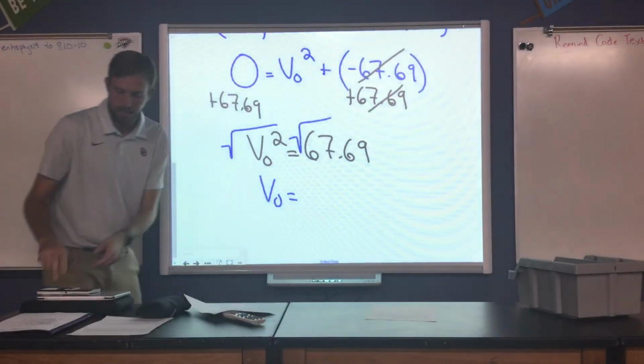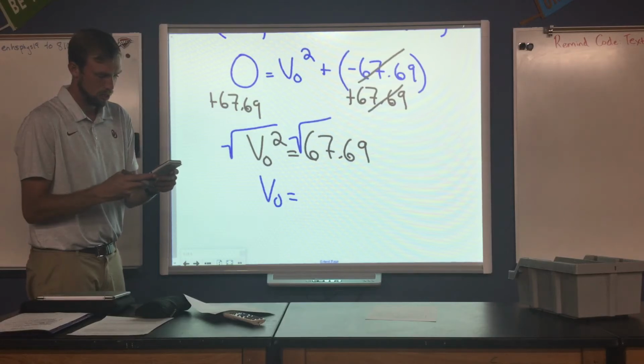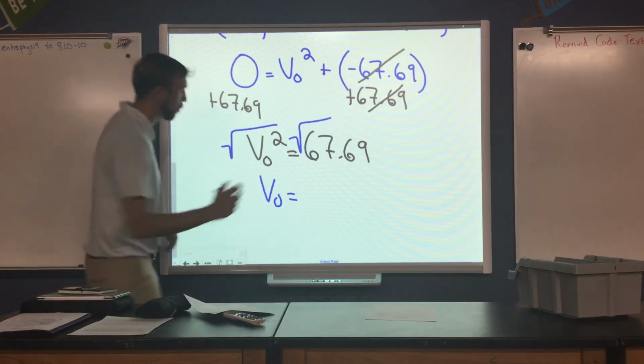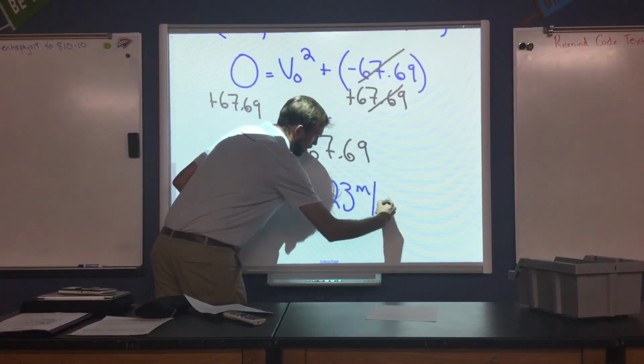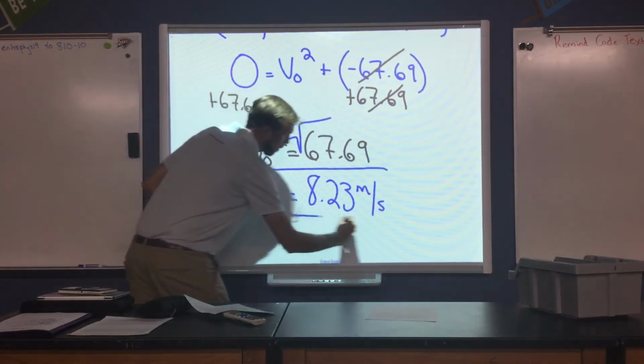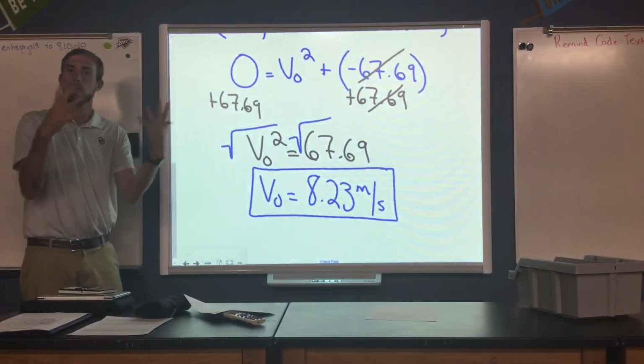So v0, when we take our square root, should be a little bit over 8, about 8.23 meters per second. And that is how we would set up and solve our initial velocity for launching the marble.